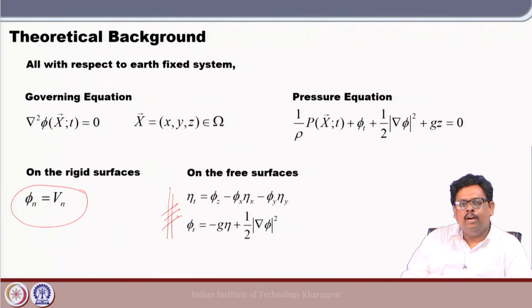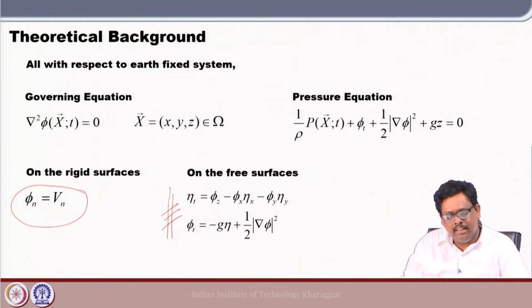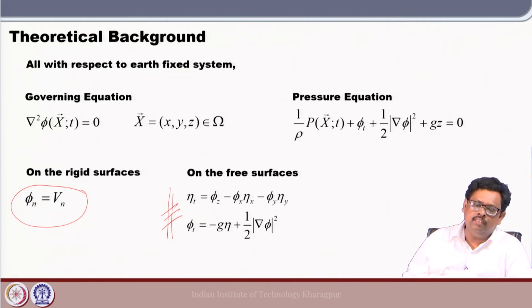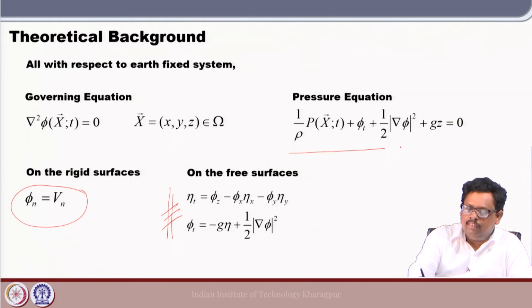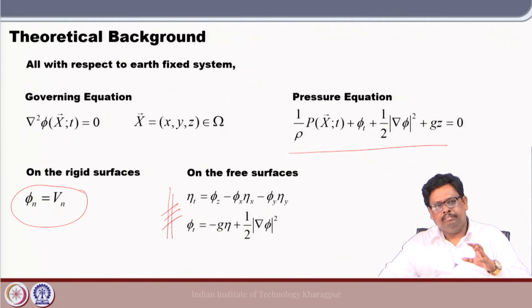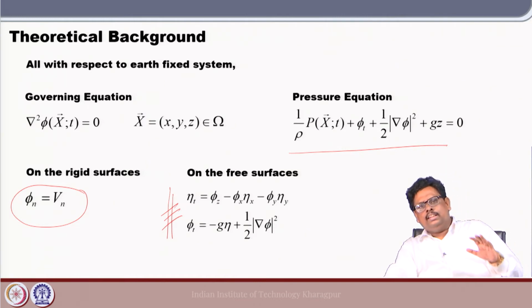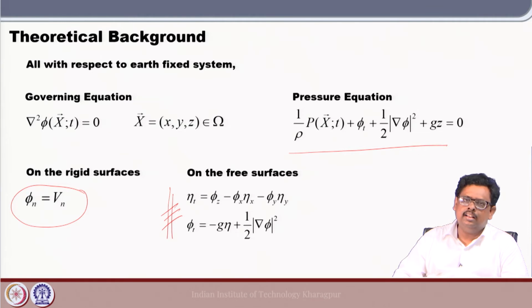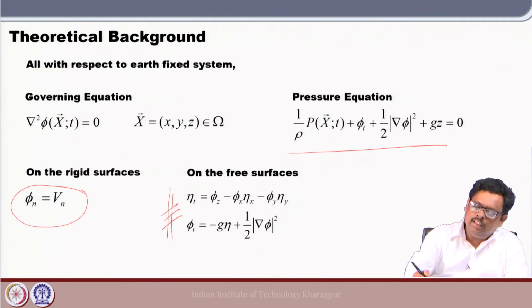Here I am writing the nonlinear free surface condition. Why am I writing this? We are definitely going to discuss it later on. And then this is how I obtain the pressure. Now, if you remember, when we discussed the linear system, we normally ignore the second order quadratic term.